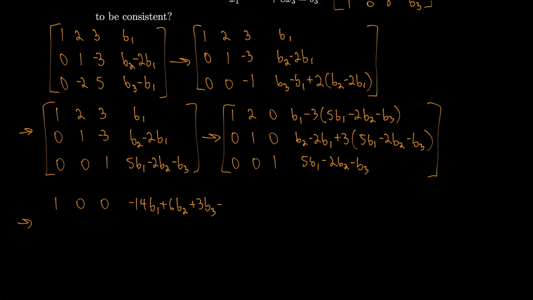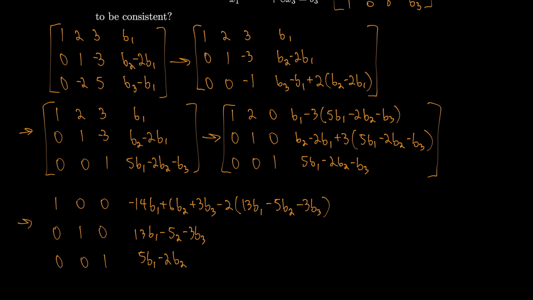And we'll subtract off 2 of this row, and I'll simplify that as 13B1 minus 5B2 minus 3B3. And my second row I'll leave, but I'll just simplify that constant. So it's, again, 13B1 minus 5B2 minus 3B3 once it's simplified. And my last row stays 0, 0, 1, 5B1 minus 2B2 minus B3.